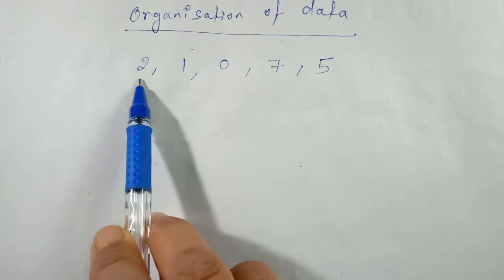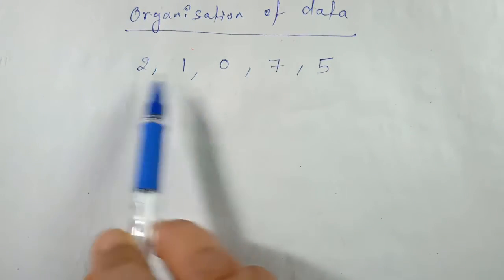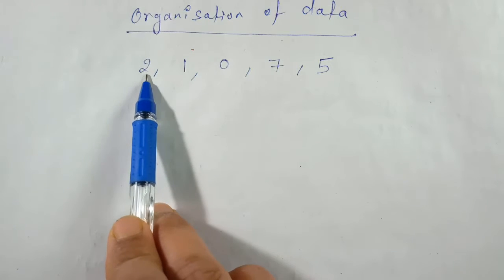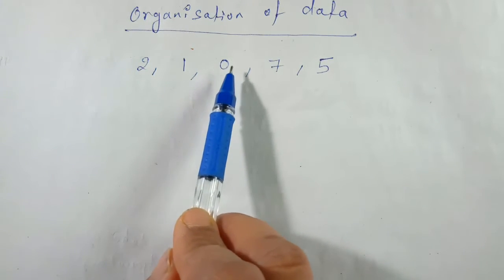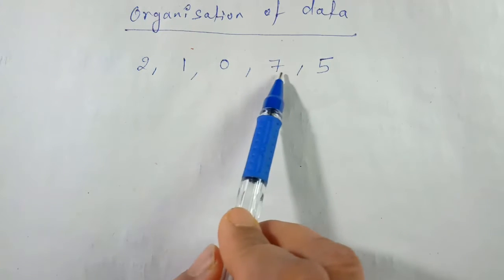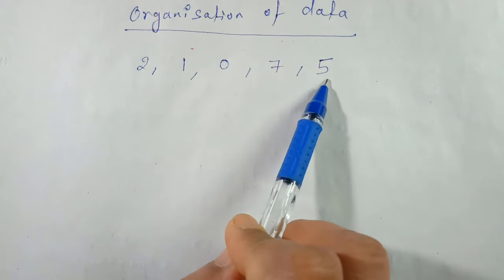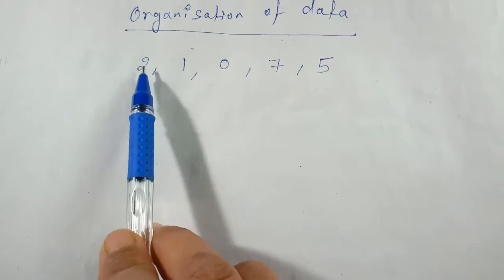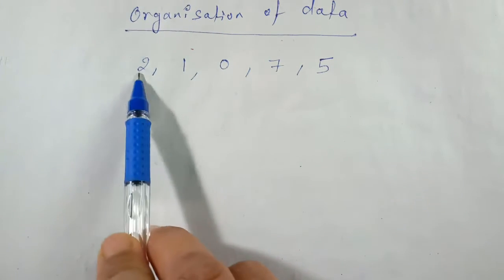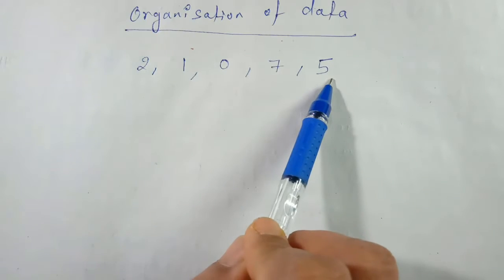One student had 2 pens, one had 1, one had no pens, 0, one had 7 pens, and one had 5 pens. So this was the data. In this data, these numbers are called observations.